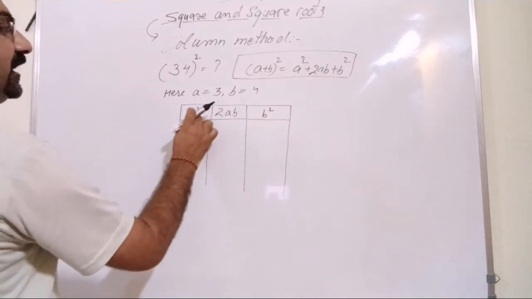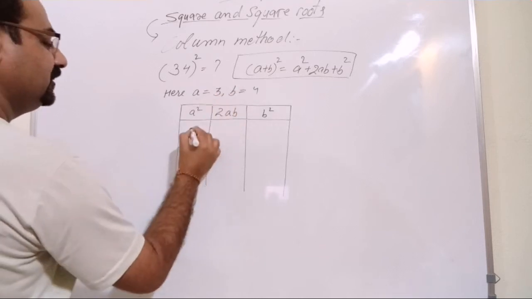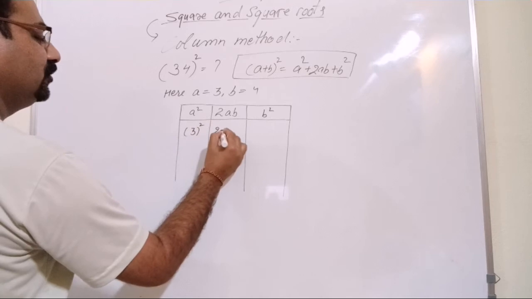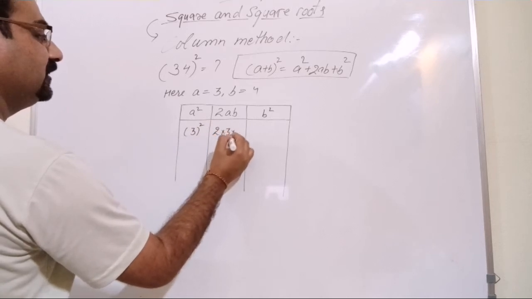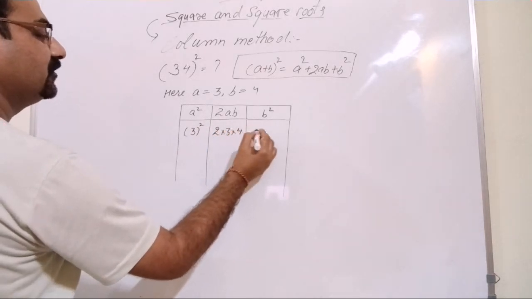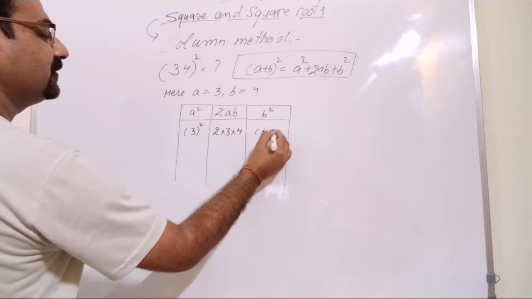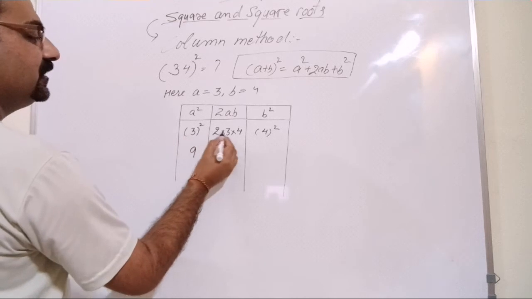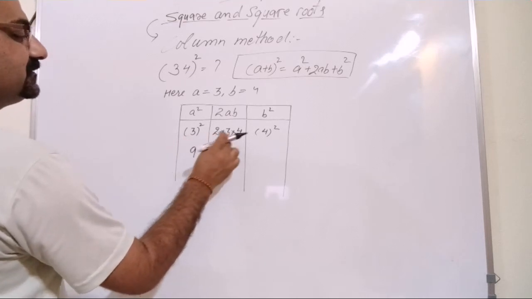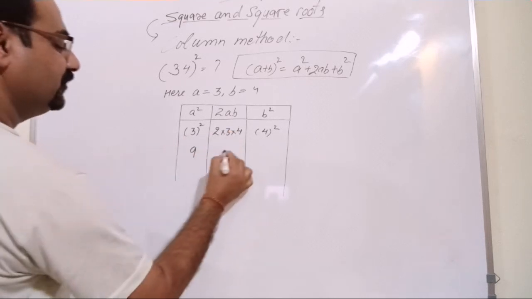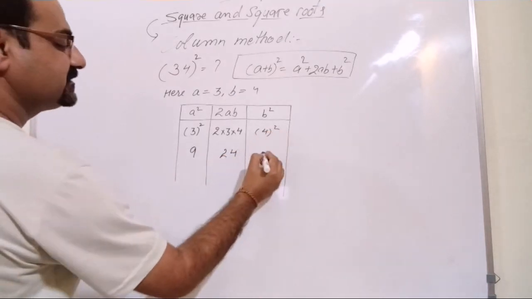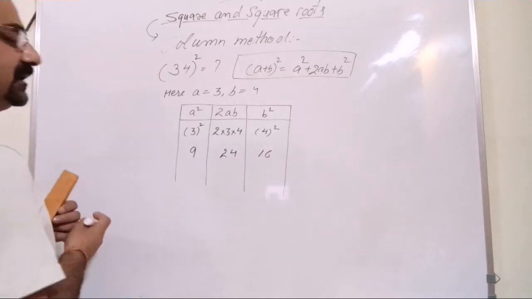Okay, now a is equal to 3, so this is square of 3, then 2 into 3 into b, this is equal to 4, then 4 square. Right beta? 3 threes are 9, 3 twos are 6, 6 fours are 24, this is 24, and 4 fours are 16. Right beta?